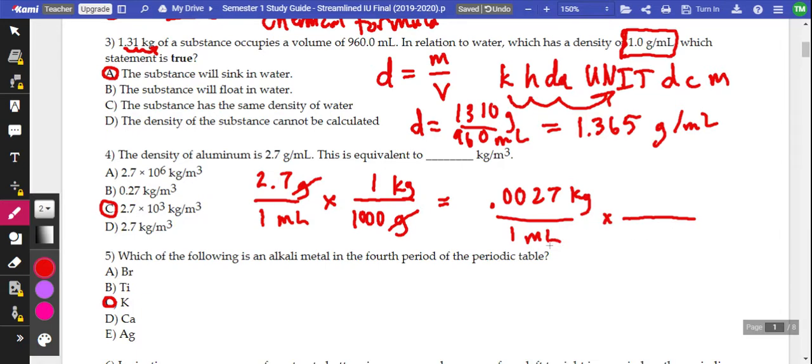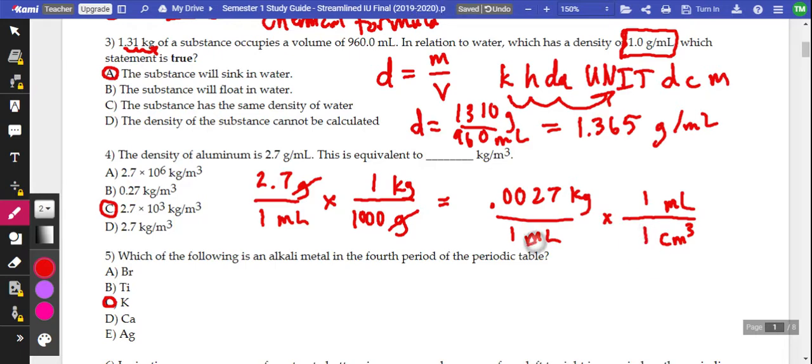This is already on the bottom, so I need something on the top to cancel it out. I need milliliters up here, and 1 milliliter is equal to 1 cubic centimeter. If you don't have that ingrained yet, I highly recommend it, because it comes up quite a bit.